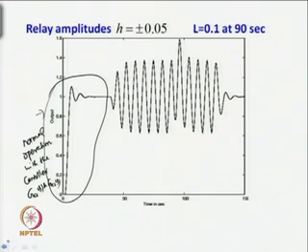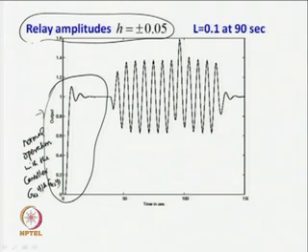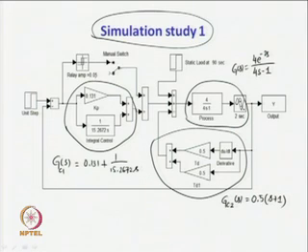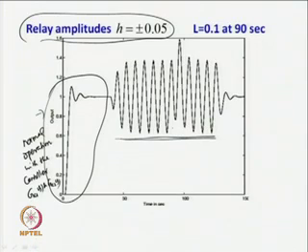Then when the relay auto tuning test is initiated with the relay amplitude of h equal to plus minus 0.05, we do obtain sustained oscillatory output of this form superimposed upon the set point value or the reference input. Now, a relay with amplitude 0.05 is connected. Once it is connected, then the output takes this form.